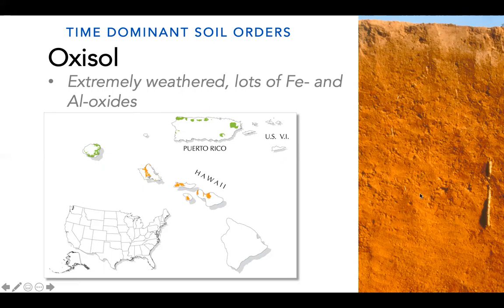And so what they have left over still sticking around after all this weathering are iron and aluminum oxides. Iron oxides are really red and aluminum oxides tend to be more yellow. So you can see here that this is kind of orangish because it's a mix of those things. Oxisols are usually also very, very acidic because they're very weathered.